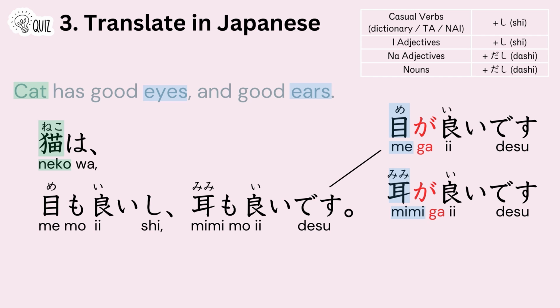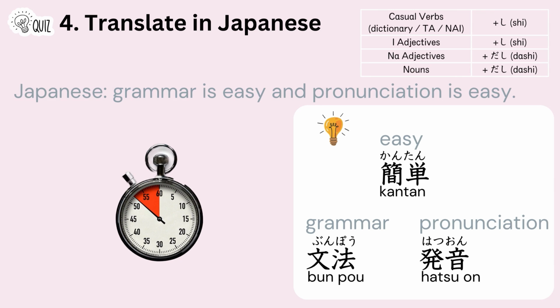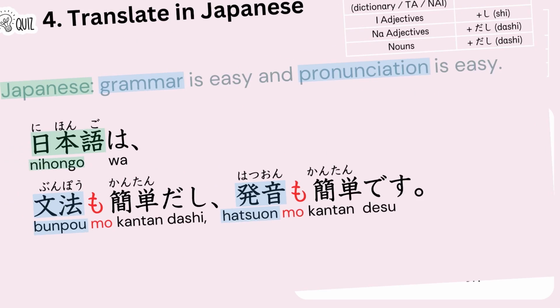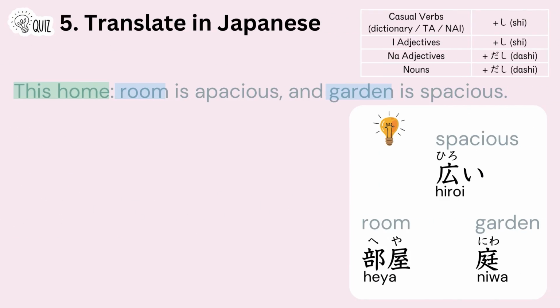Originally, it was 目がいいです and 耳がいいです. But because they are two things that are good, you can use も instead of が. What if Japanese is the topic and grammar and pronunciations are the subject? 日本語は文法も簡単だし、発音も簡単です。5.